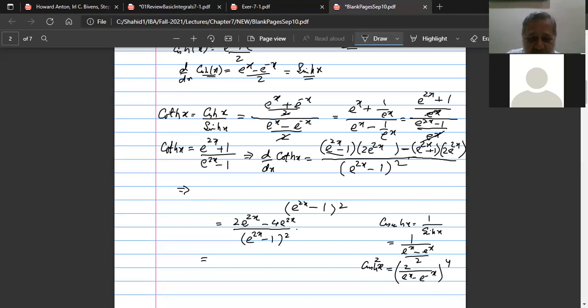So I write down the derivative of cot hyperbolic x again. So I have a term of 2 e raised to power 4x minus e power 2x. From here, minus 2 into e raised to power 4x and minus what?